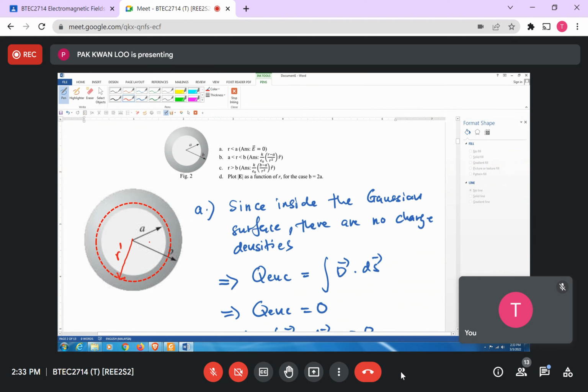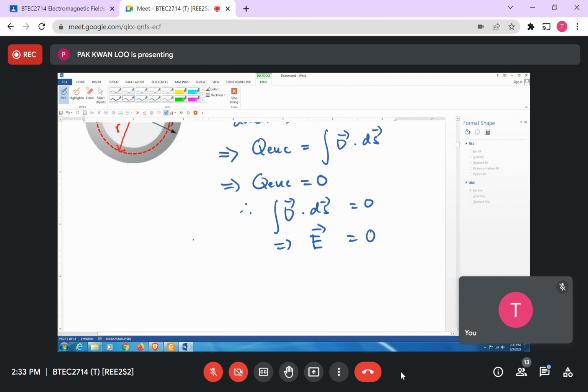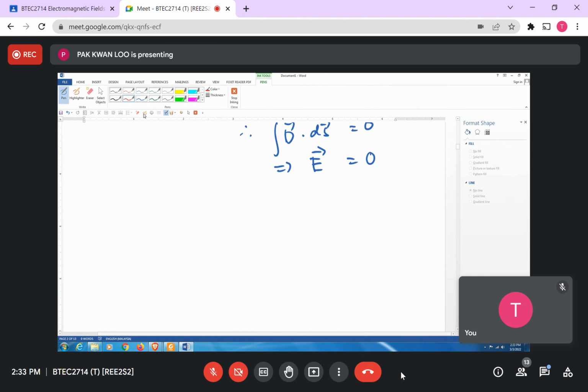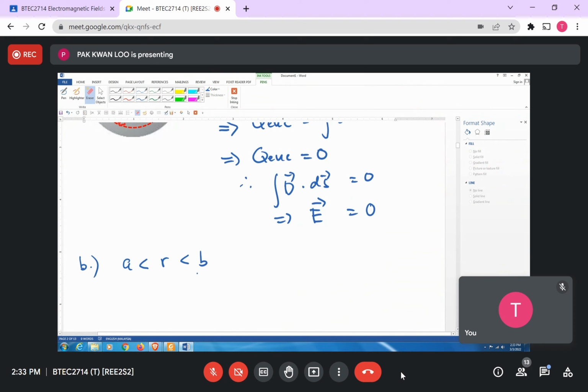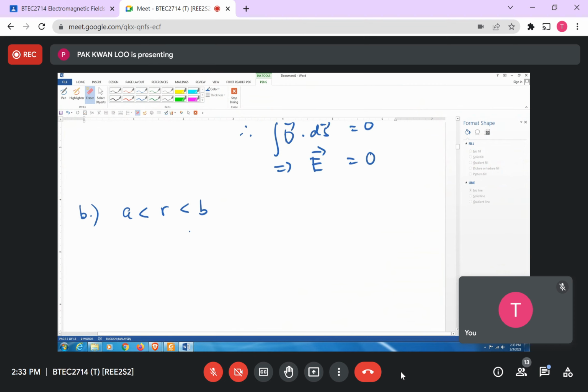So greater than A, obviously, and less than B. Okay. So for part B, for the region where the Gaussian surface is in between A and B, greater than A, less than B.